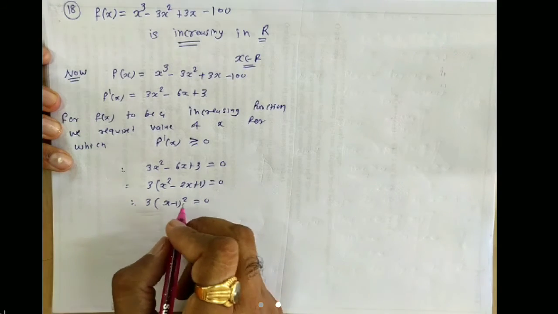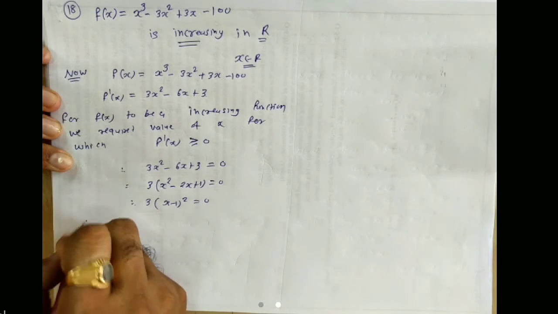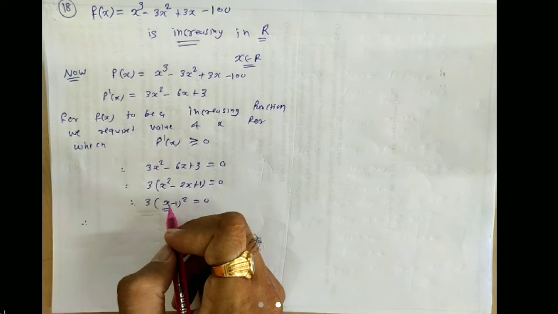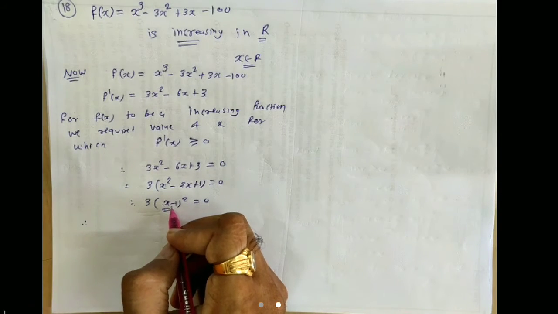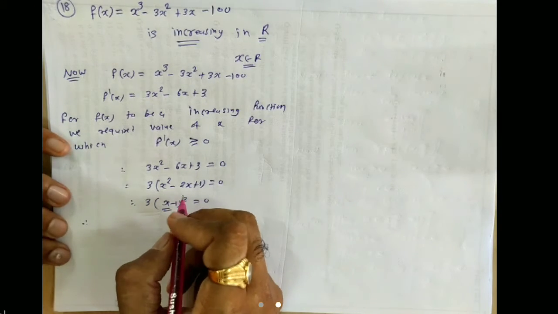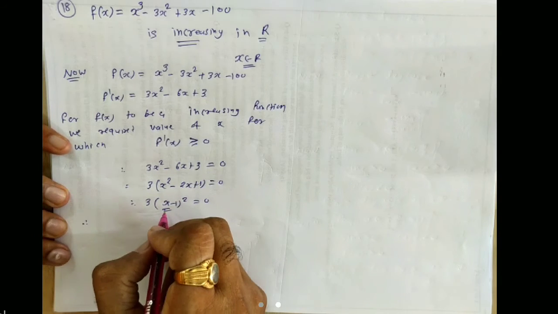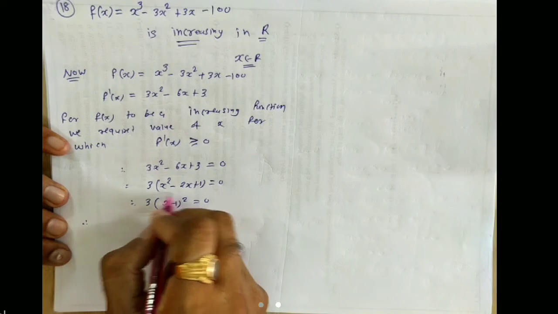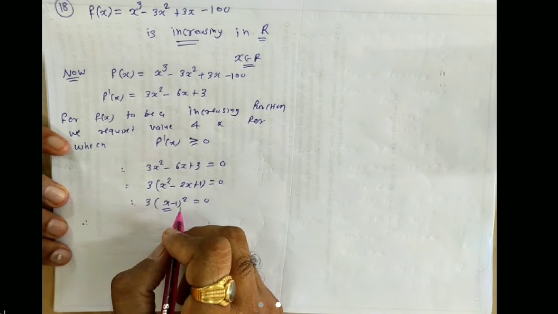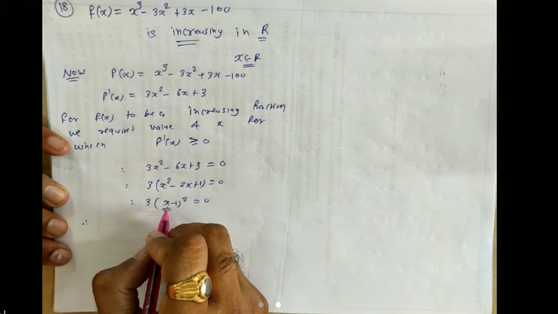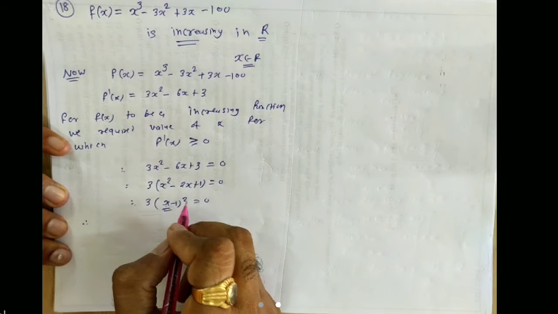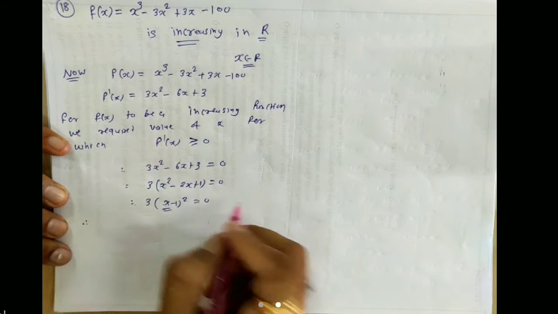So here you can say that for any value of x, if we take x equal to 0, it's 0 minus 1 whole square, which will be greater than or equal to 0. If we take x equal to any negative number, so minus 2, minus 3, minus 4, again this term will be greater than 0. If we take any positive number, suppose 2, 3, 4, 5, put it over here, again we are getting this function greater than 0.